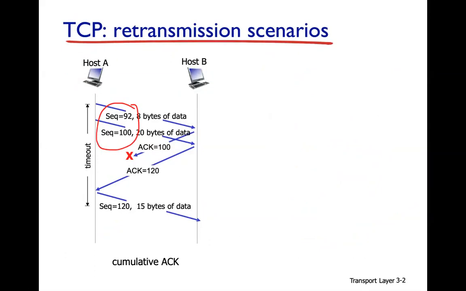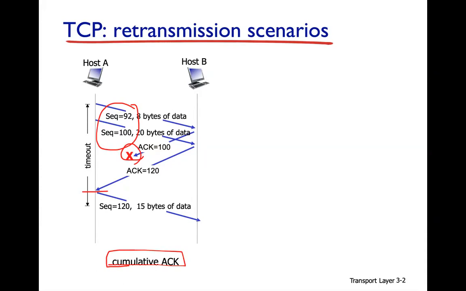The second ACK is received by host A. What will host A think about, since I do the cumulative ACK, make sure this is a cumulative ACK, like go back N. So what it means is that although I don't get the ACK for 100, I got the ACK for 120.